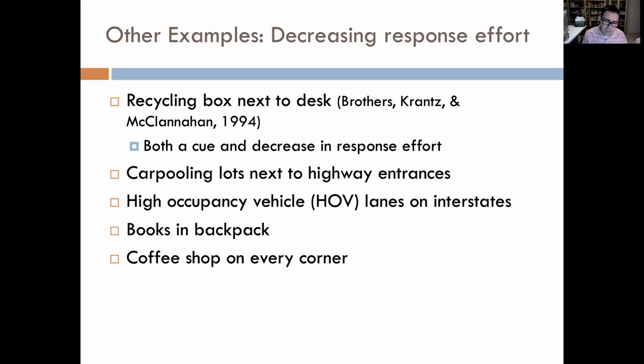This is something Starbucks has done, right? So how do they get you to drink Starbucks all the time? If you have the need for a coffee, there's going to be a Starbucks on your right or on your left, or probably both on your right and on your left, right? So they're essentially decreasing the likelihood of going to another coffee shop because it's less effortful to go to Starbucks, right?